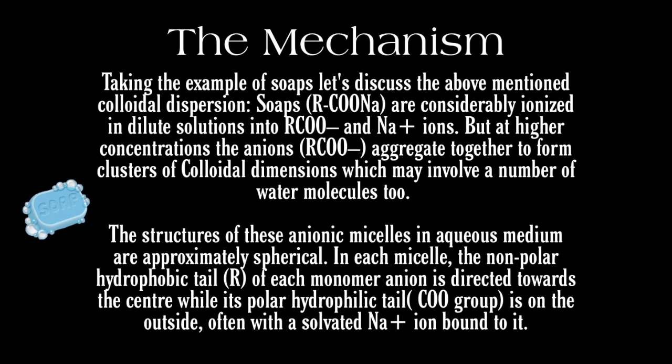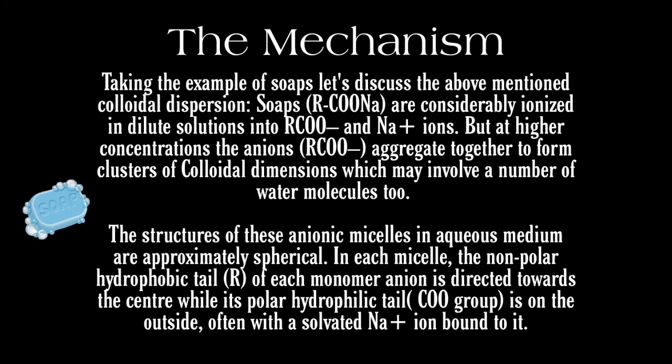For the sake of explanation, let's take the well-known soap case. As we know, we have two parts in a soap's chemical structure: the non-polar hydrocarbon chain represented by the letter R and the sodium carboxylate part. At lower solute concentrations, soaps are considerably ionized into RCOO- and Na+.